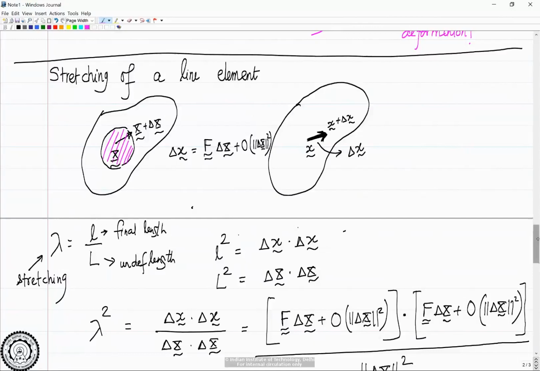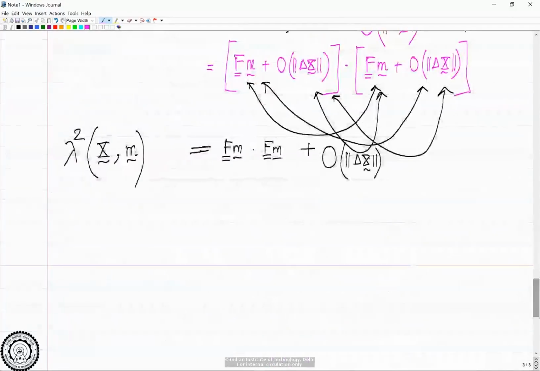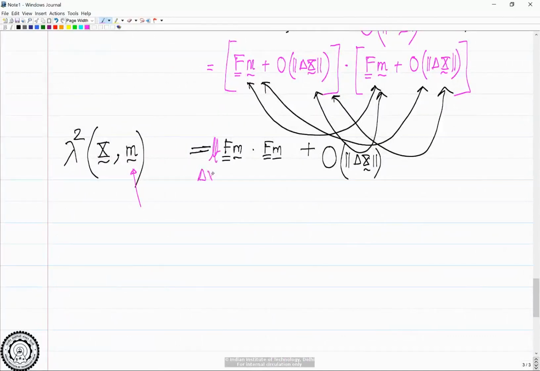Okay, and what we see is that this stretching is finally also dependent on the direction. So for different directions of the line element, the stretching will be different. So here, by the way, on the right hand side, I have to apply limit delta x going to 0, isn't it?